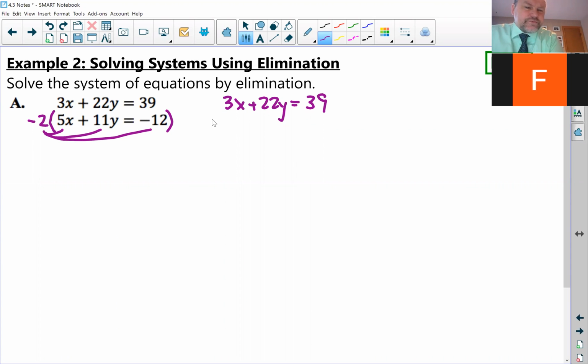So -2 times 5x is -10x. -2 times 11y, -22y. -2 times -12 is +24.